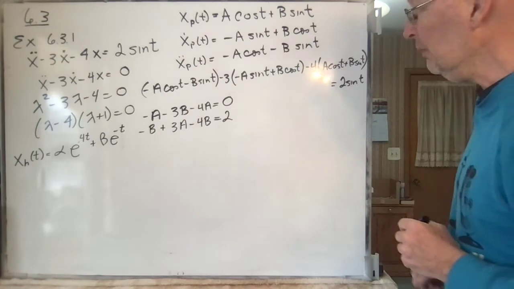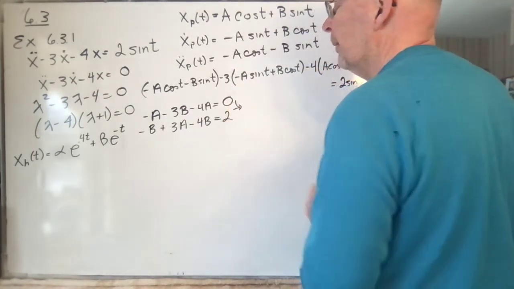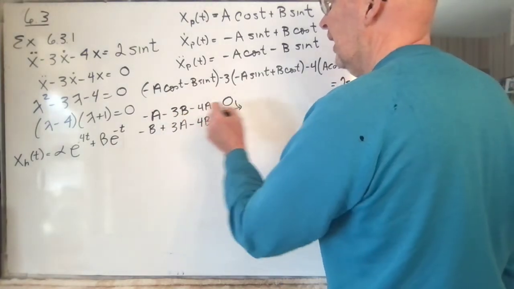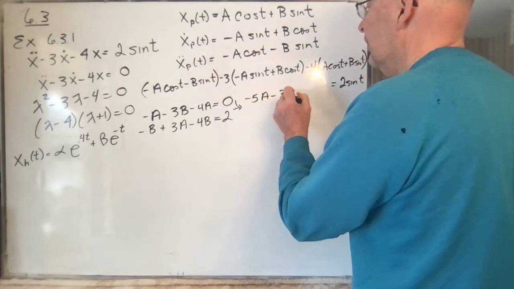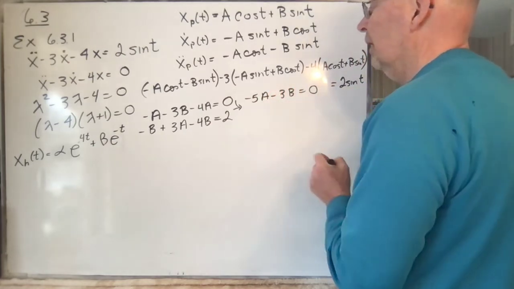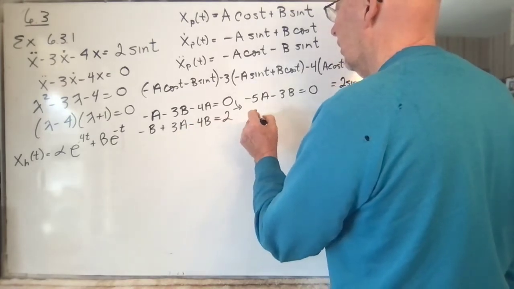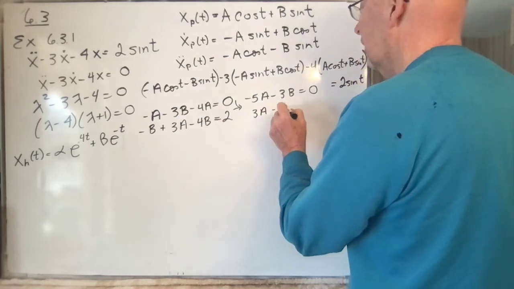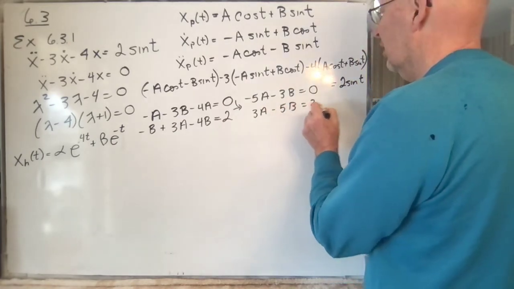Okay? So now it's just obviously a simple algebra problem. Let's figure it out here. It's going to be negative 5a minus 3b is equal to 0. And then here it's going to be what? 3a minus 5b is equal to 2.